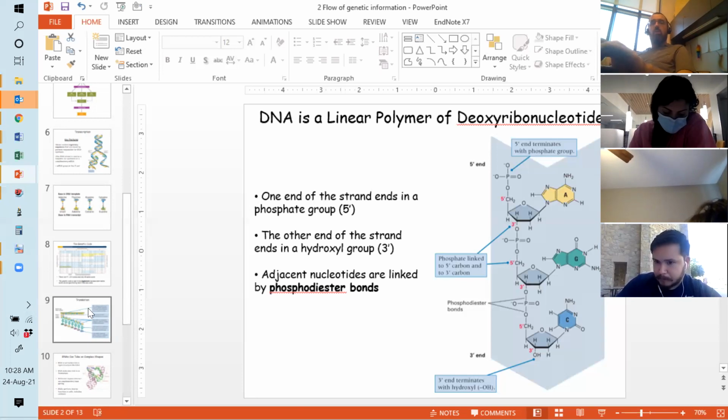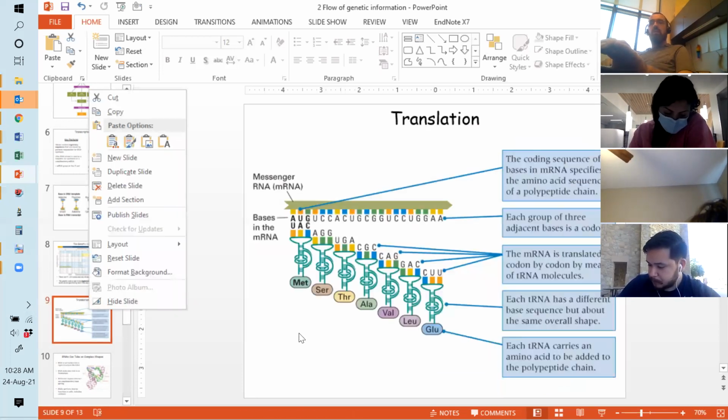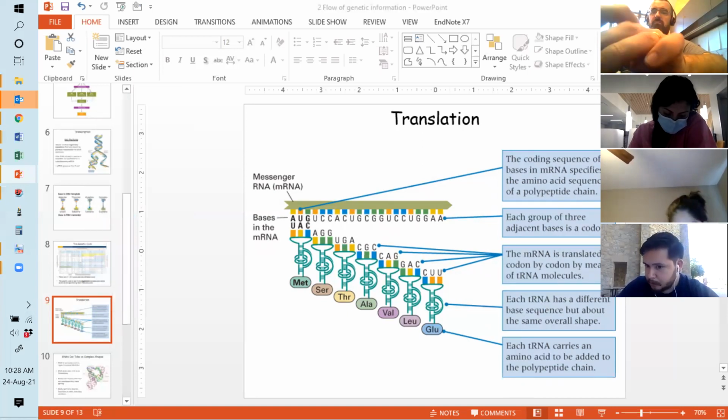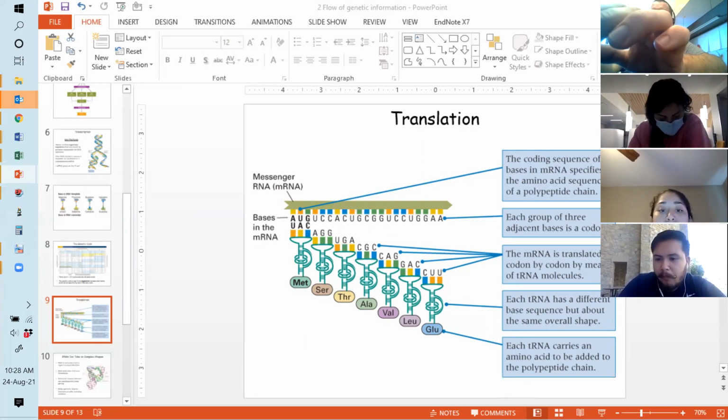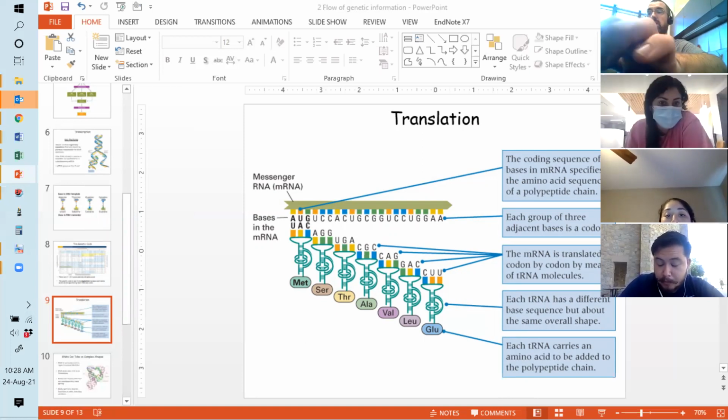And so what we need to do is literally translate the information in the mRNA into an amino acid sequence, which essentially is a protein, once a whole bunch of other stuff's been done to it.